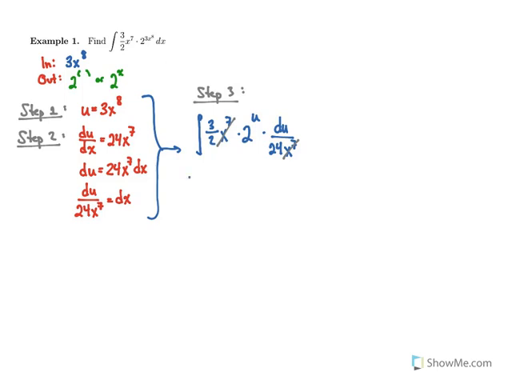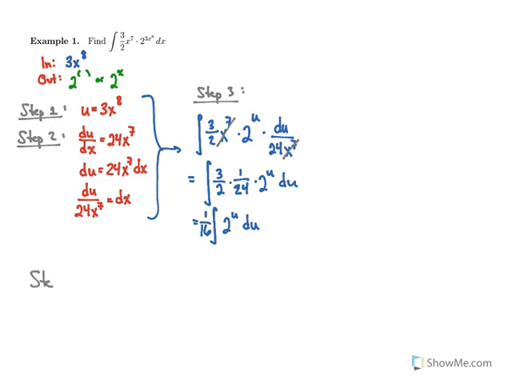The next little step here is we have to make sure that our constants are all out in front. Right here we have a 3/2 and a 1 over 24, 2 to the u du. And we can write that as a constant, 1 over 16, 2 to the u du.